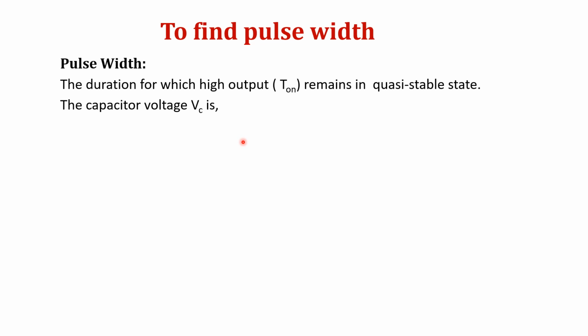The capacitor voltage Vc is given by the relation Vc equal to Vcc times (1 minus exponential of minus t by RC). Here RC is the time constant and Vc is the capacitor voltage. That voltage increases up to 2/3 Vcc. Therefore, Vc is replaced by 2/3 Vcc, and we write the relation.